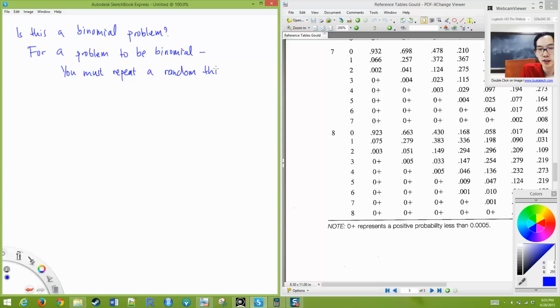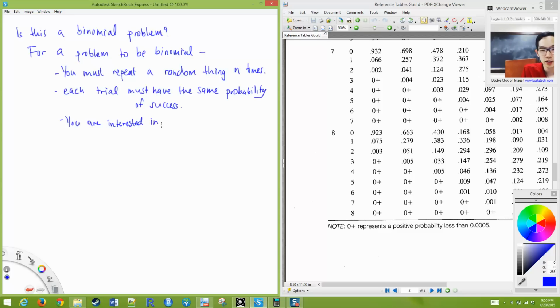A coin has probability equal to 0.5 of landing heads. You flip the coin three times.